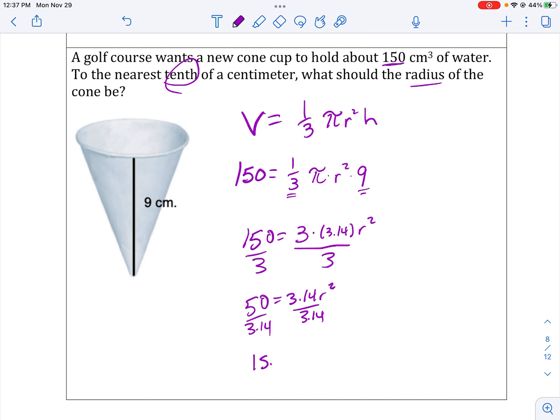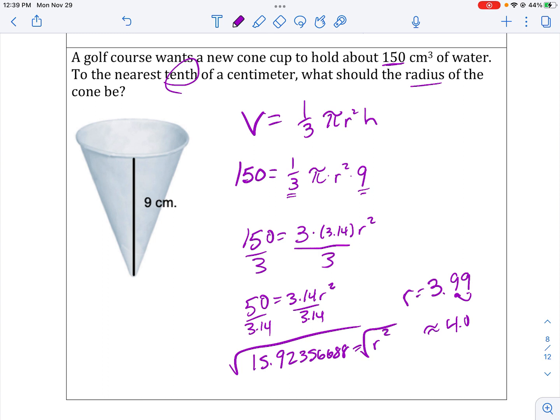I get 15.92356688, which equals R squared. So I begin to square root my answer. And I said to the nearest tenth, so my R equals 3.99. So I will round that 9 up, so it is going to be about 4.0 centimeters. So 4 centimeters for my radius.